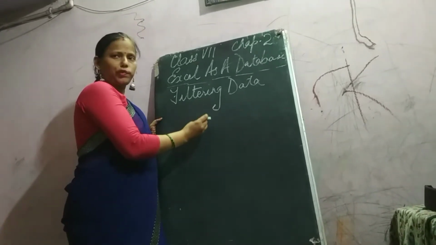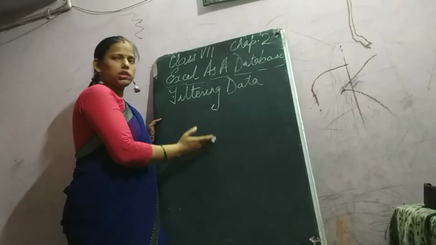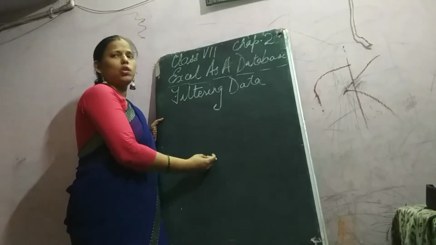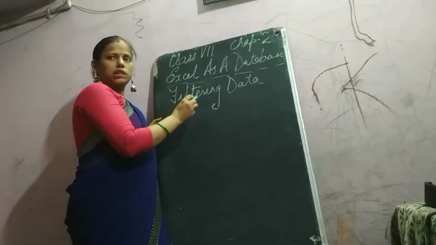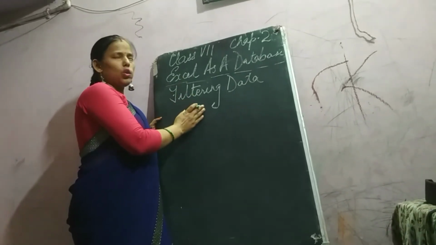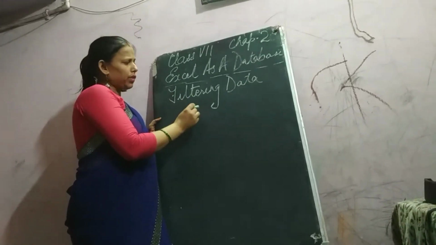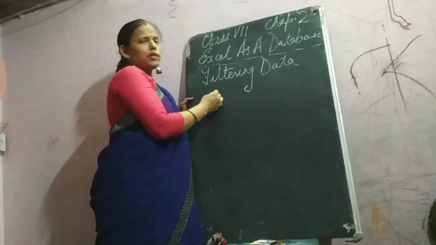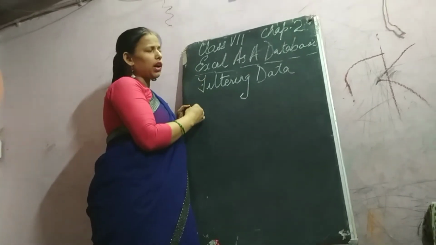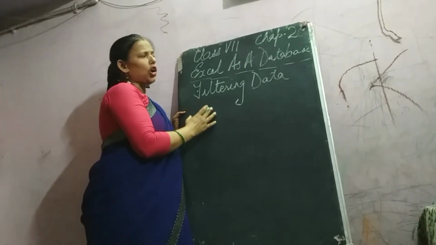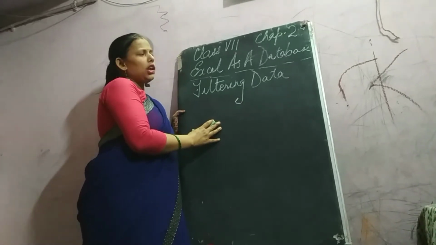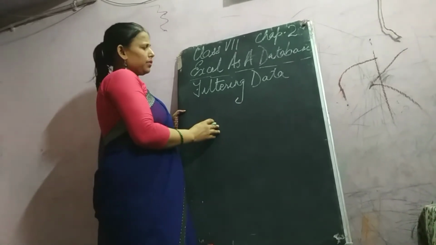If you are filtering the water, the pure water will come with you, and the dust water will be filtered. Same here, filtering data means we are hiding some of the data, and according to the criteria, we will show the data. Now, how to do the filter?